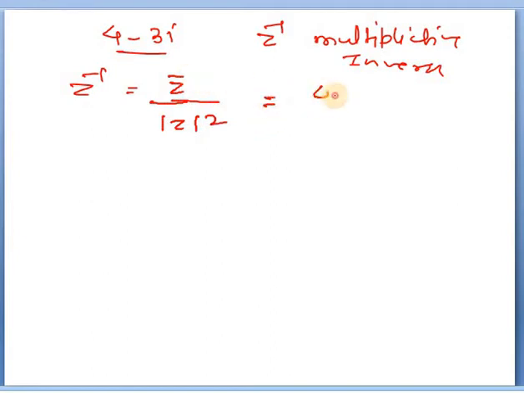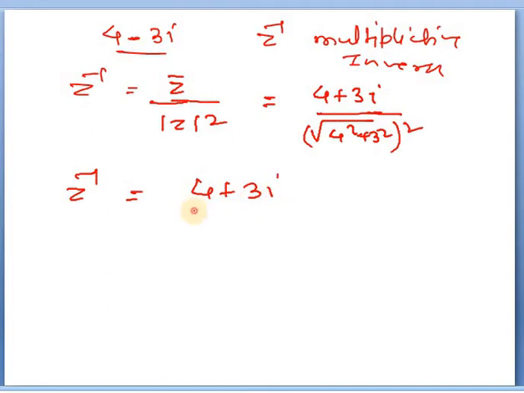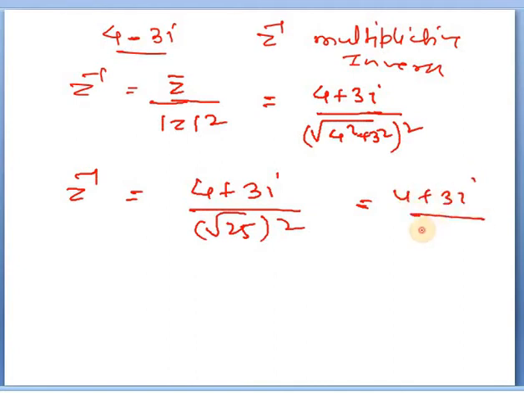So z bar is 4 plus 3i; we replace the sign of iota. The modulus is the root of 4 square plus 3 square, and then we take the square of the modulus. So the answer is (4 plus 3i) upon 25, since 16 plus 9 is 25. We can write it in this way. This is how we can find the multiplicative inverse of any complex number.